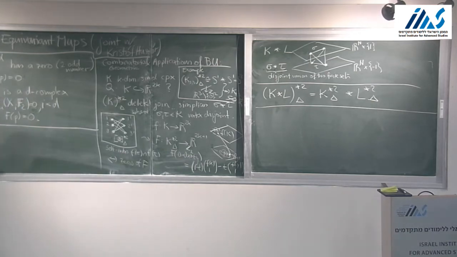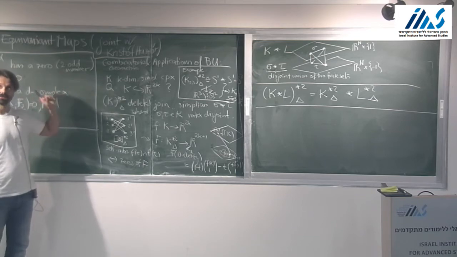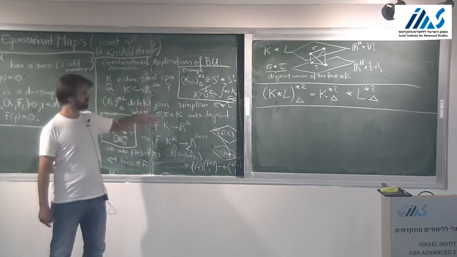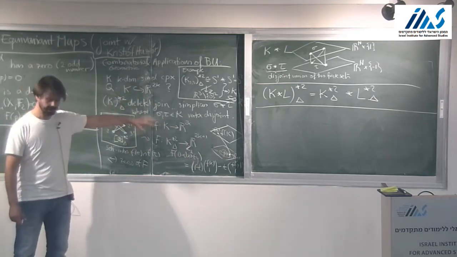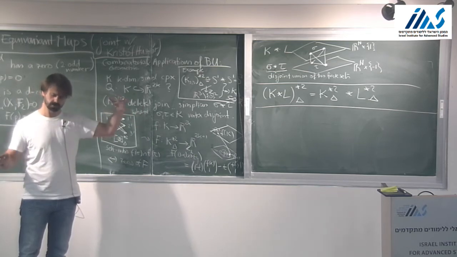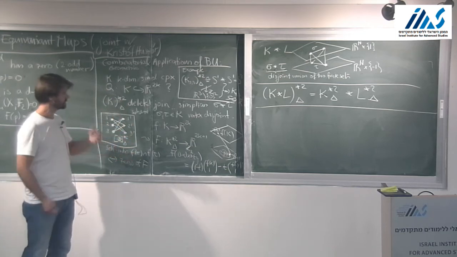Okay, so in the twofold case, you can also define the deleted product. For the deleted product, I know that the combinatorial deleted product, which is an analog of this, will be an equivariant deformation retract of the topological deleted product.